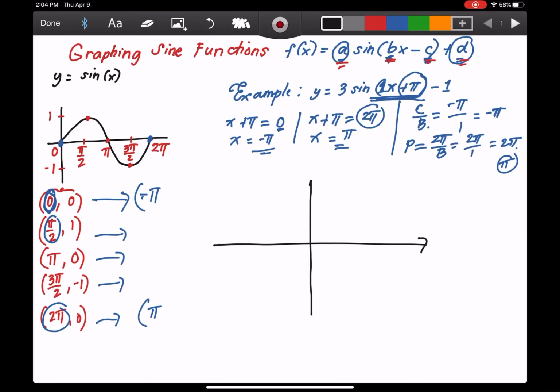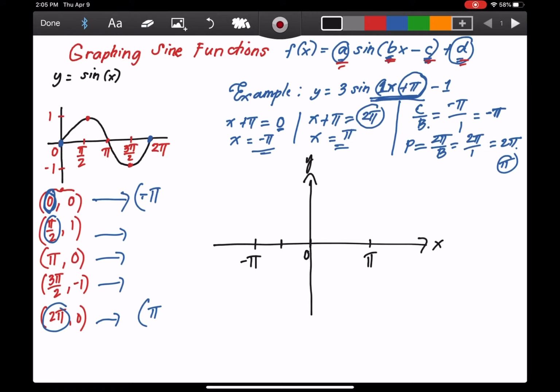This is your x-axis, and that's your y-axis. Let's say this is at negative pi because that's where we start, and then we're going to end at pi. We can say that this point right here is 0 because that's the midpoint between negative pi and pi.